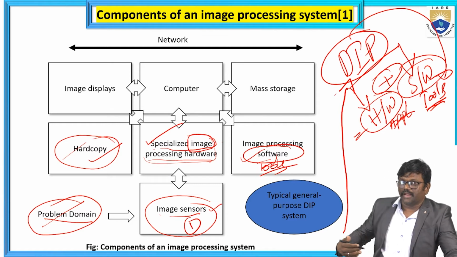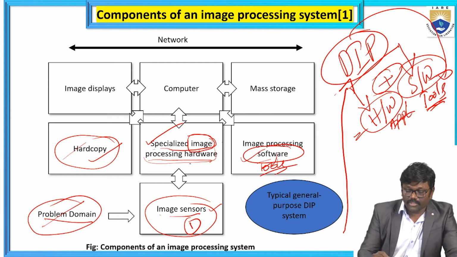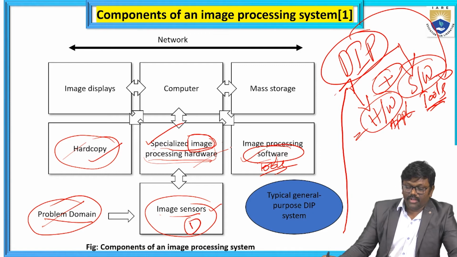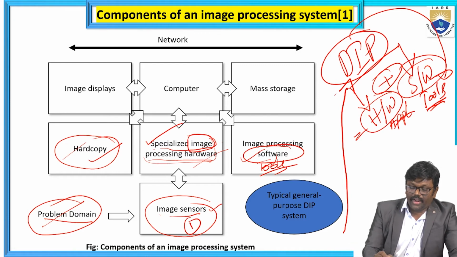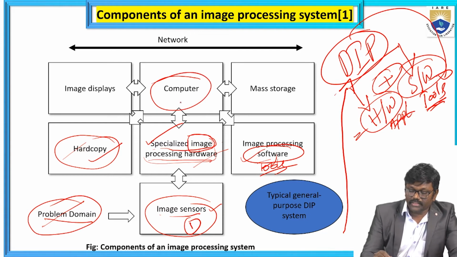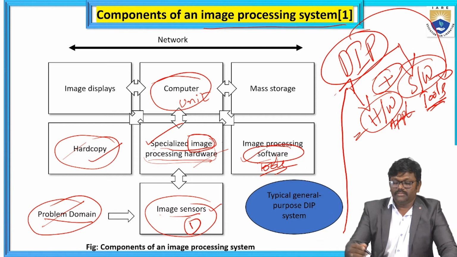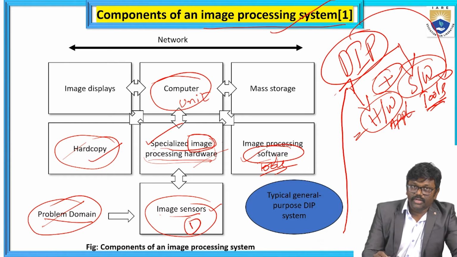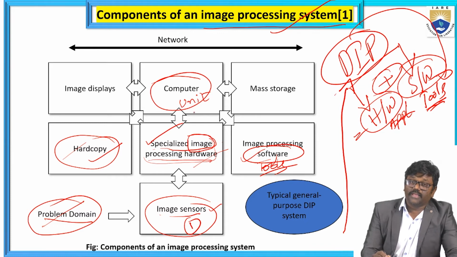The next slides will help us discuss one of the components of the image processing system, the image processing hardware. Next, once we have this, we need a processor, which we consider as a computer. The computer is one of the units in the image processing system, and it plays a vital role in processing for the solution you require.